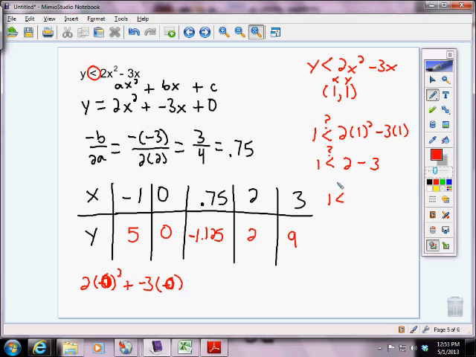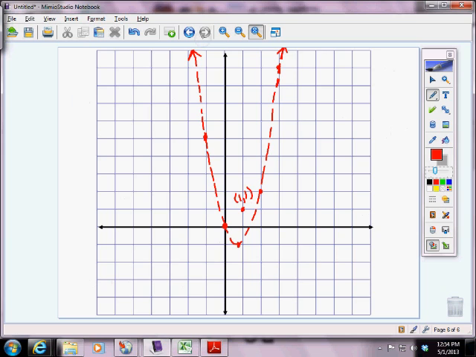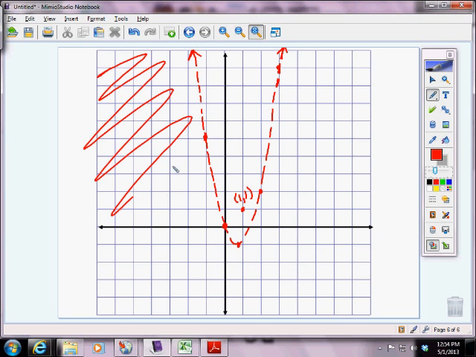Is 1 less than negative 1? No. 1 is greater than a negative 1. So what that means is this is not a solution. 1, 1 is not a solution. So you have to shade outside the parabola. This does not make our original inequality true, so you just shade outside the parabola.